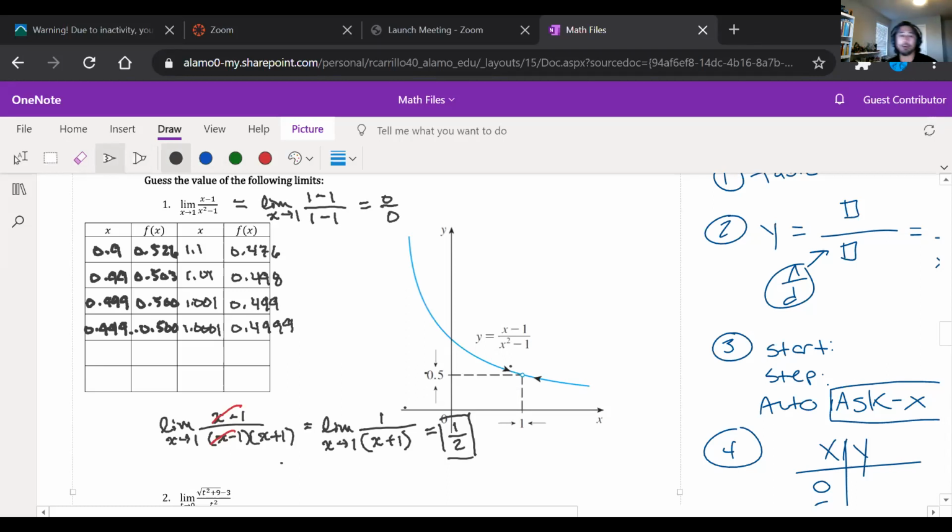Does anybody know what 0 over 0 is? Not undefined. We have a new word for you in calculus: indeterminate.